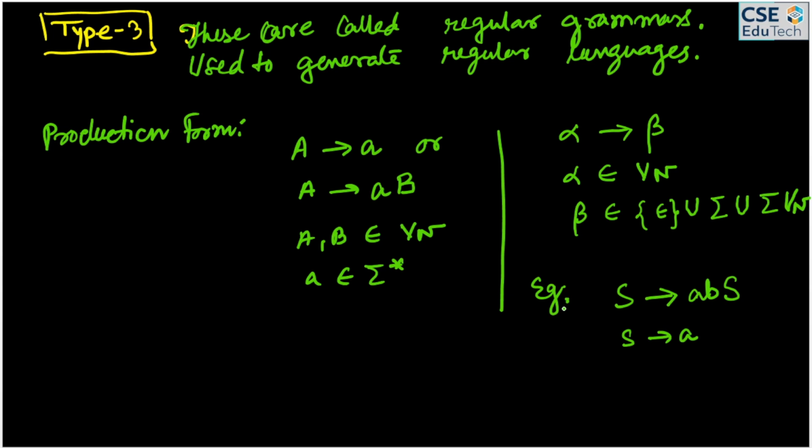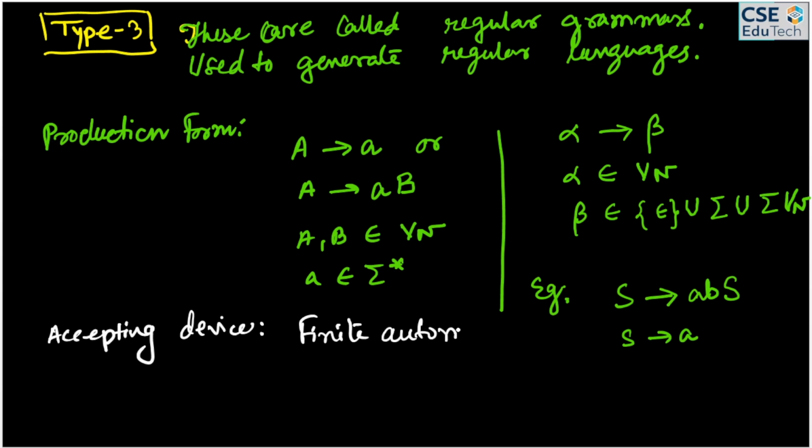Now the accepting device, obviously we know, of the type 3 grammar is basically the finite automata.